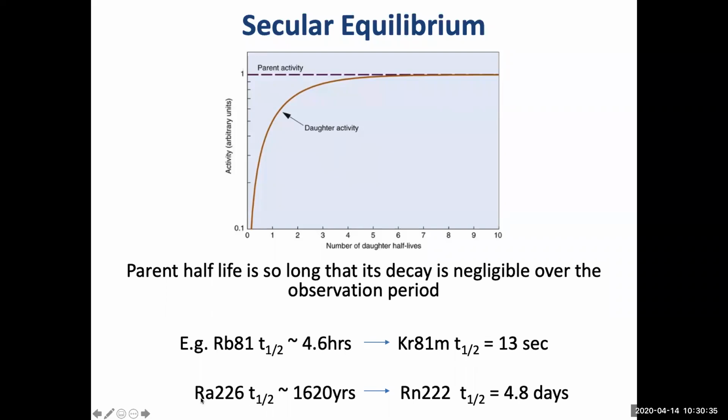Another example is radium-226, with a half-life of 1620 years, while the daughter radon has 4.8 days. I know it's not easy to understand that way, but I want you to know that the parent has a very long half-life and the daughter a much shorter one, a big difference between the two half-lives. The parent is decaying, the daughter is built up. When the daughter reaches the same activity as the parent after about 5 half-lives, we say they are in secular equilibrium.